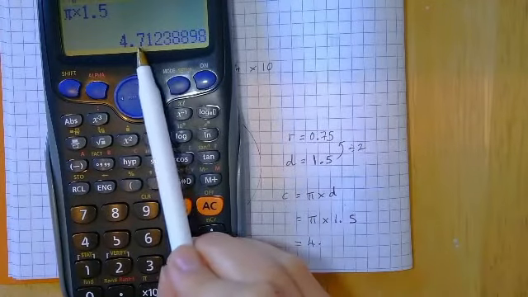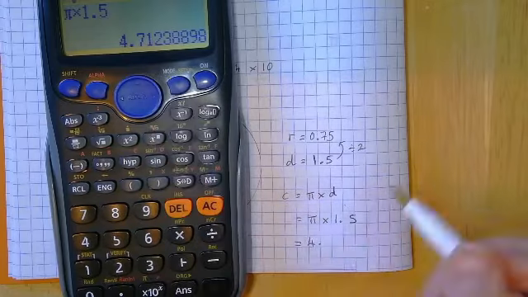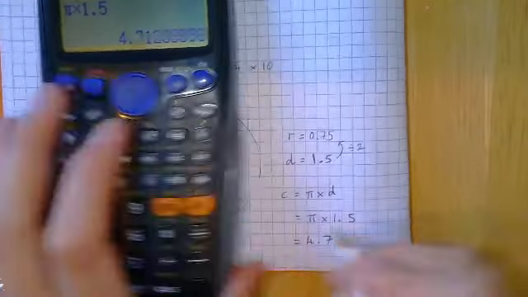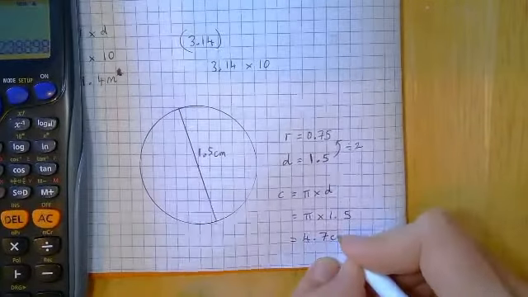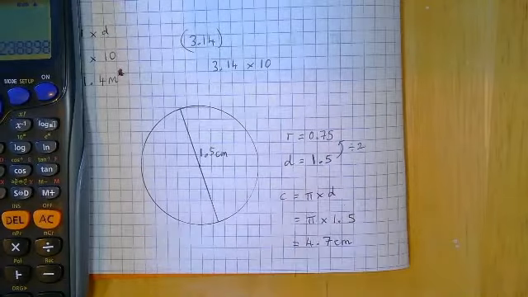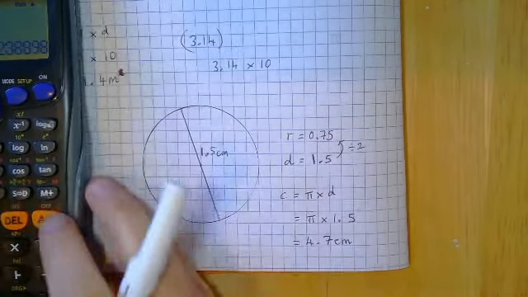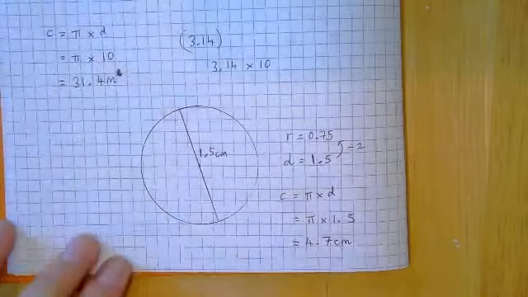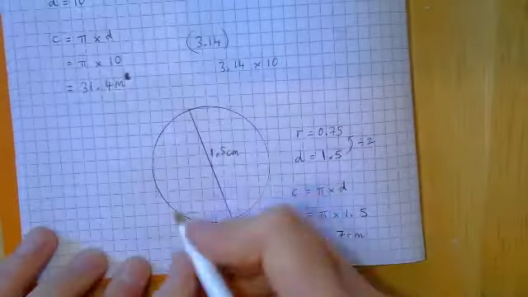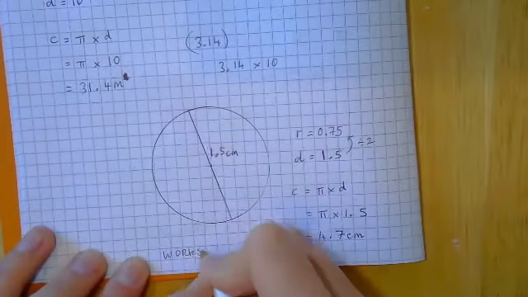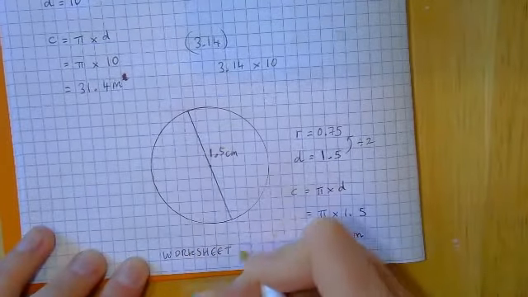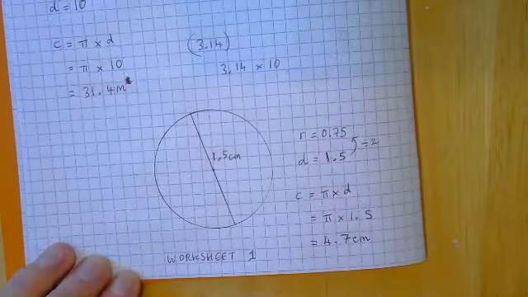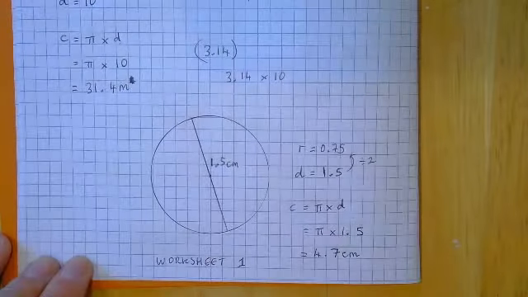There we go. 4 point. And let's give all our answers to one decimal place. So look at the 7. His neighbour is a 1, so I don't need to round up the 7. And what unit am I in? Centimetres. And it's like perimeter, so it's just the length. 4.7 centimetres. Okay? Right, I'd like you to try worksheet 1 now to practice circumference. Okay? Super duper, well done.